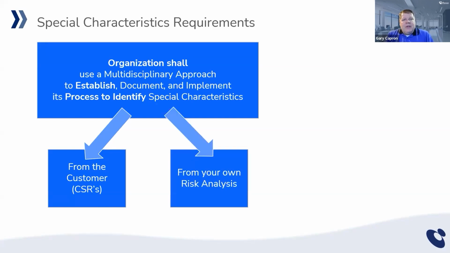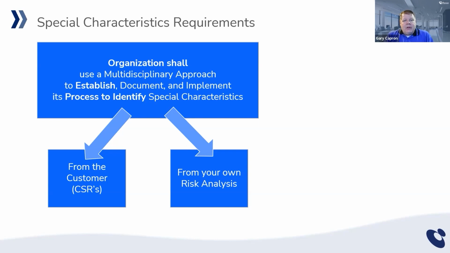Second is from the organization's own internal risk assessment. The organization, through its multidisciplinary process, must do an assessment to see if there are any internal items that need to have their importance communicated.